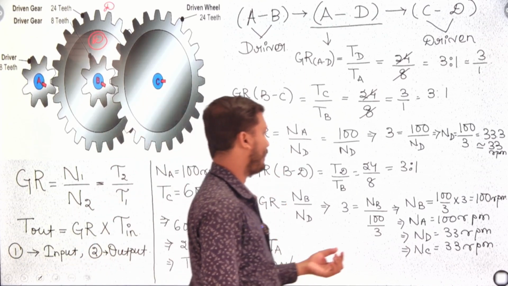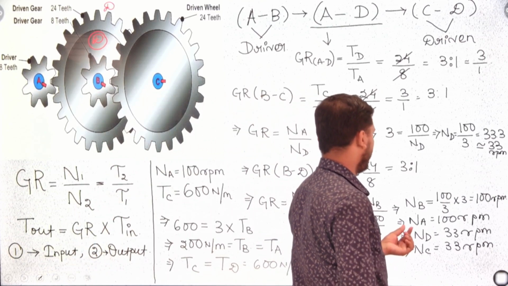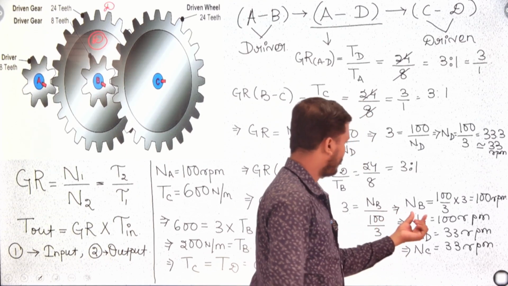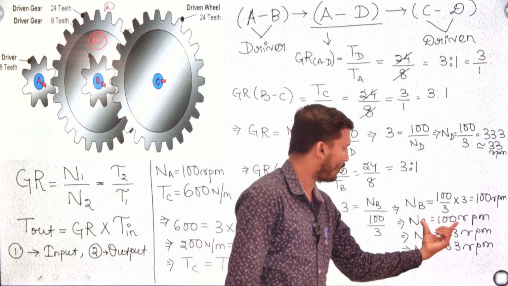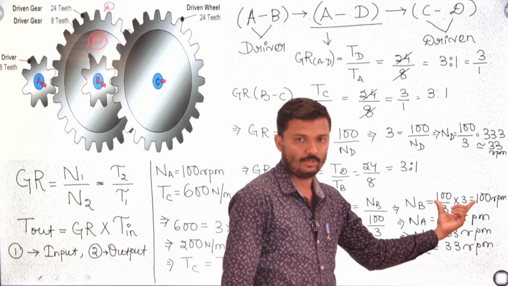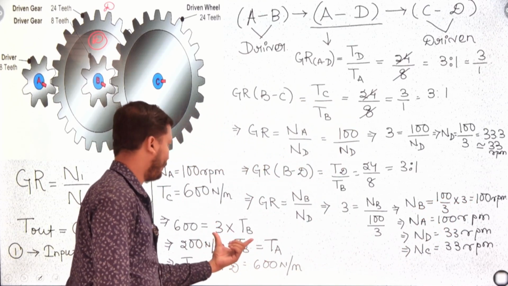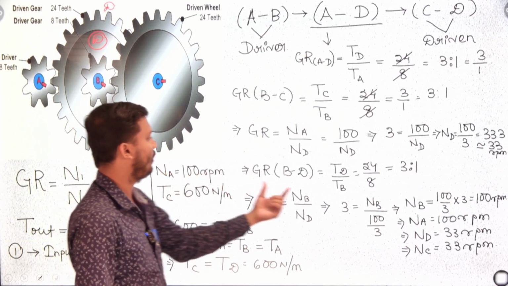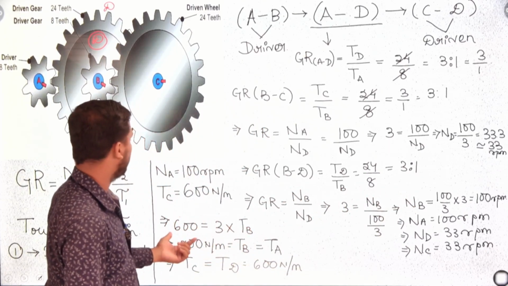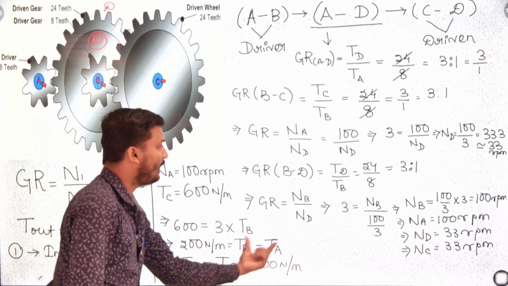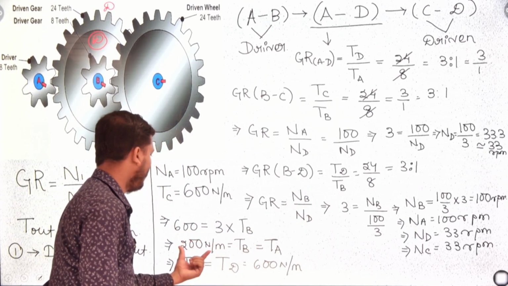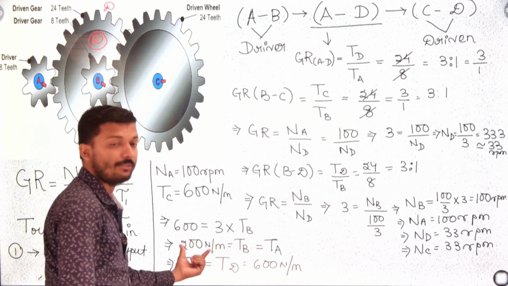Just look at the speed: NA is 100, NB is 100. When the speed is 100, the torque TA and TB becomes 200, meaning it reduces.